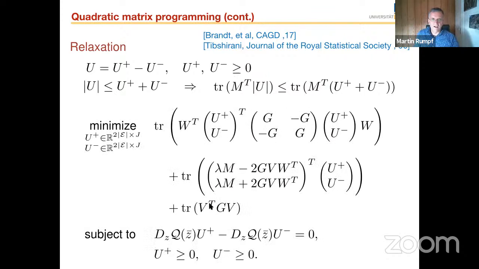And we just write it down here again. So now here we have the first term, this quadratic form. This is now split with u plus and u minus. The second term is also split with this. Here is now the linear constraint, the tangent constraint. And these are now the inequality constraints, which are fairly easy.